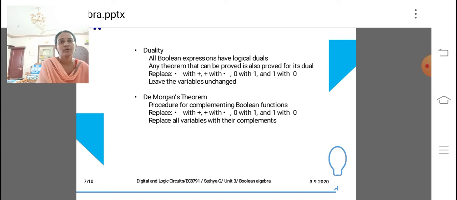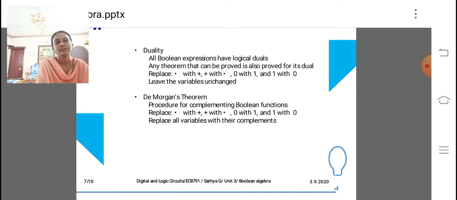So we have to study the commutative, associative, distributive laws, the duality principle, and De Morgan's theorem. We apply all these rules and simplify the Boolean expression. After that we go for the design function. That's why we are studying this topic.